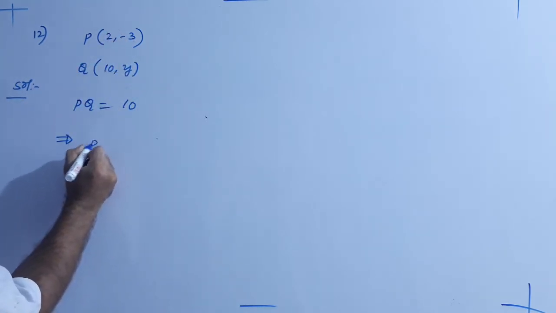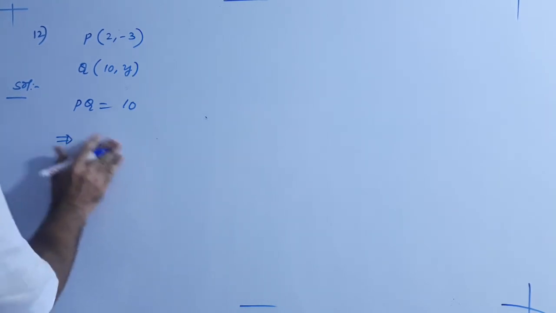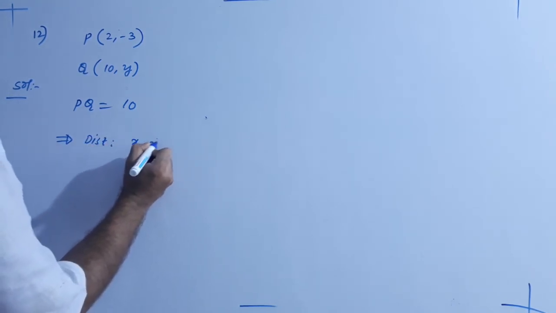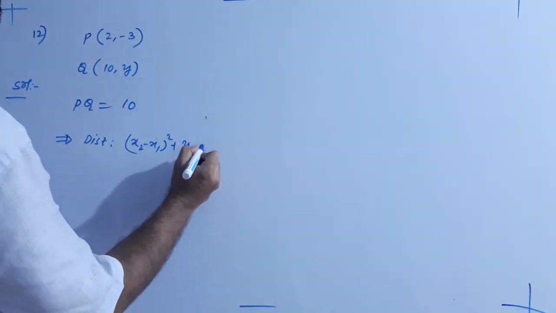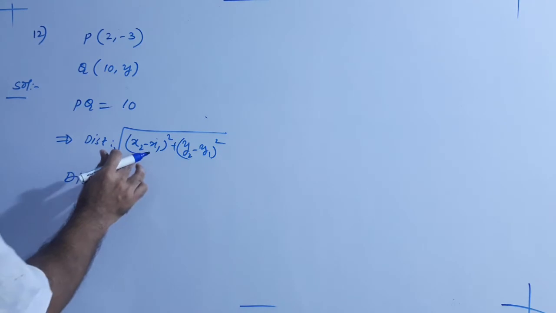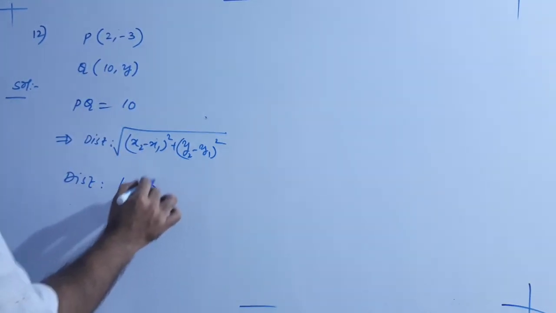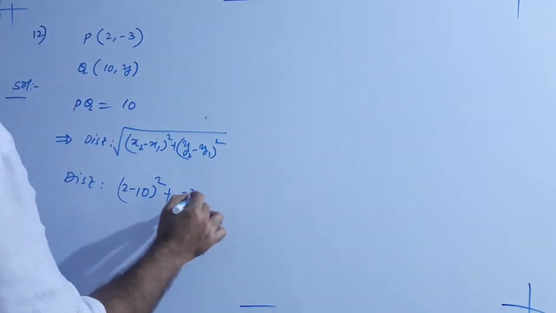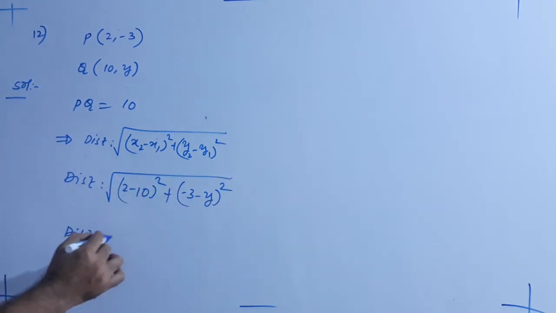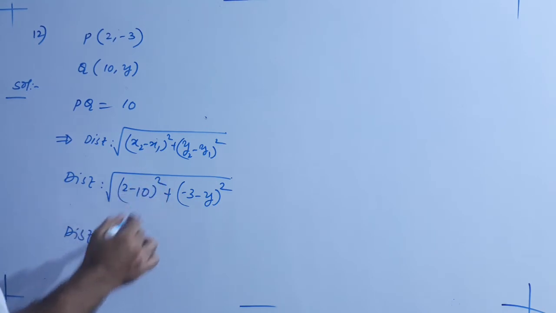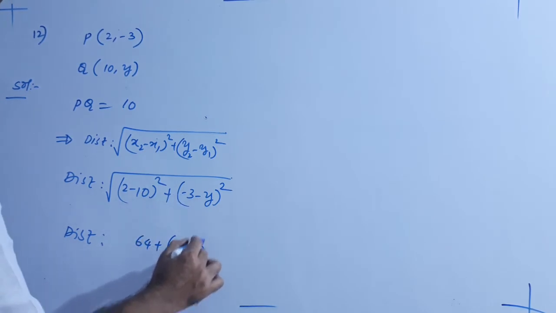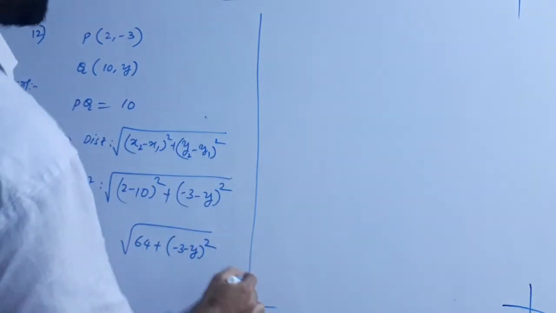So therefore, distance equals (2 minus 10) whole square plus (minus 3 minus y) whole square. 2 minus 10 is minus 8, square is 64, plus (minus 3 minus y) whole square, all under root.